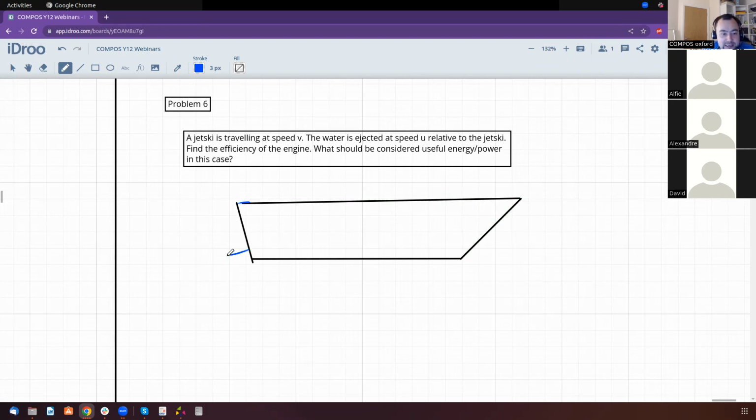And here it has a pump that takes in the water at the front. The water comes in, goes through a system of pipes, goes through a propeller, and is pushed out at a speed u. But that is the speed relative to the jet ski.